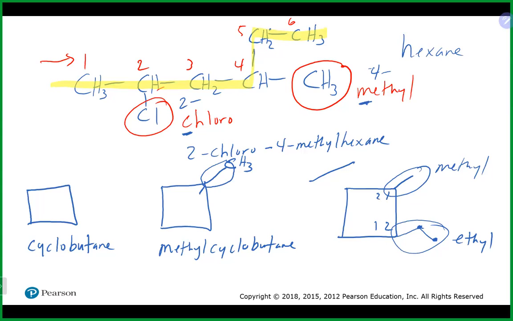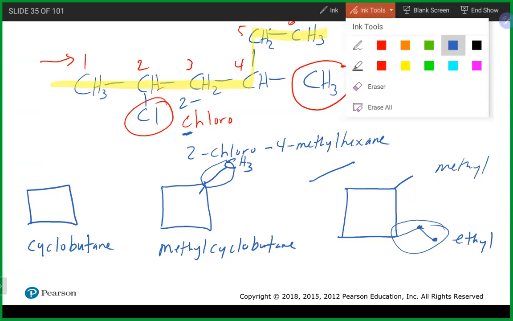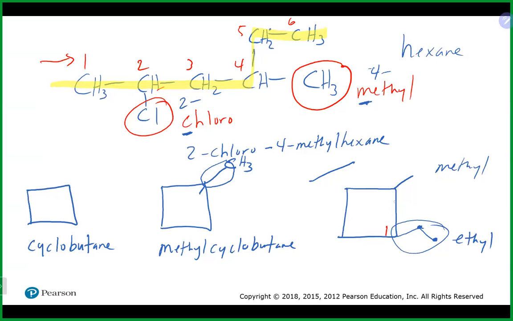Which one do you think should have the lower number? We can default to alphabetical here, and we have an option. So giving the E the smaller number would make sense rather than giving it the bigger number. So we would probably want to number this in this direction, where we go 1 and 2, and we would put that together. That's going to be 1-ethyl dash 2-methyl and our big name there of cyclobutane.